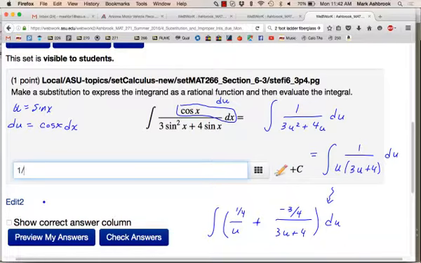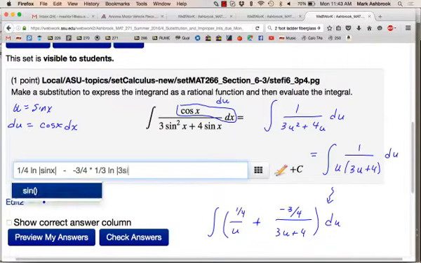So 1/4 natural log of the absolute value of sine x, plus or minus, we're going to have negative 3/4 times 1/3 natural log of 3 sine x plus 4.